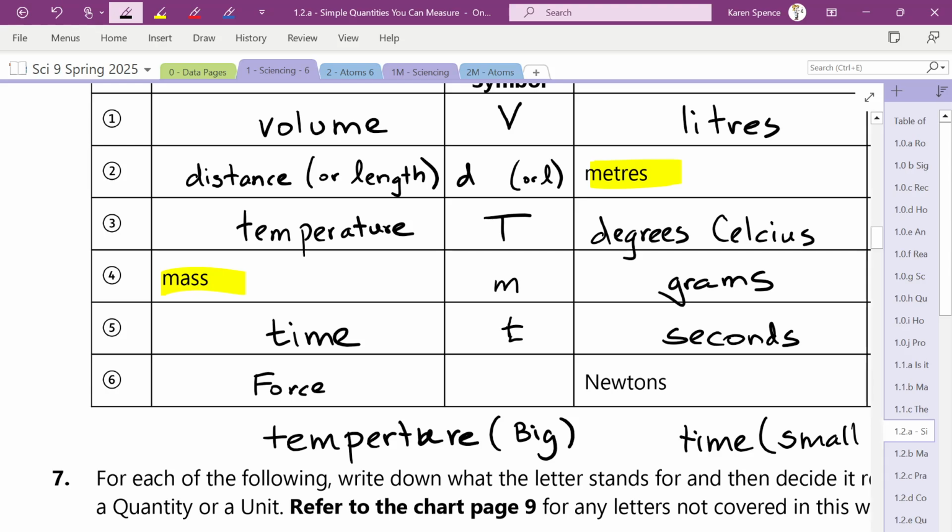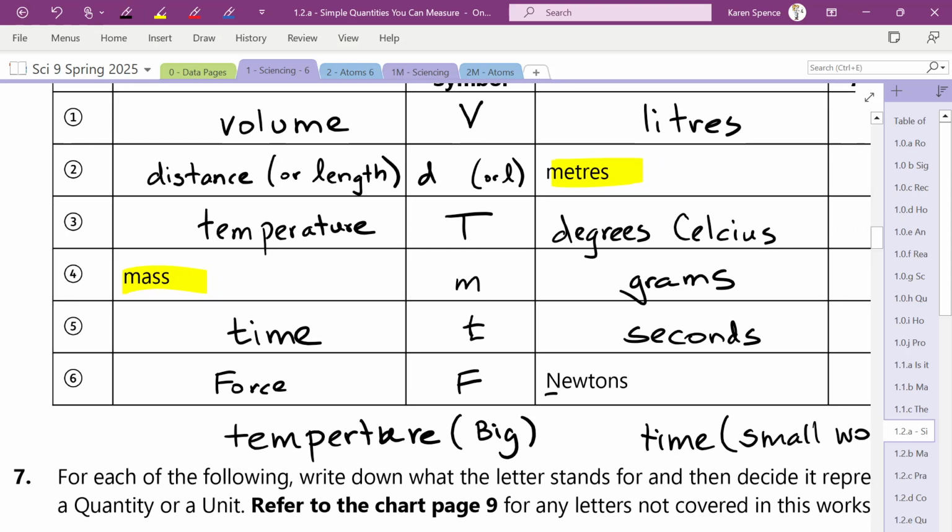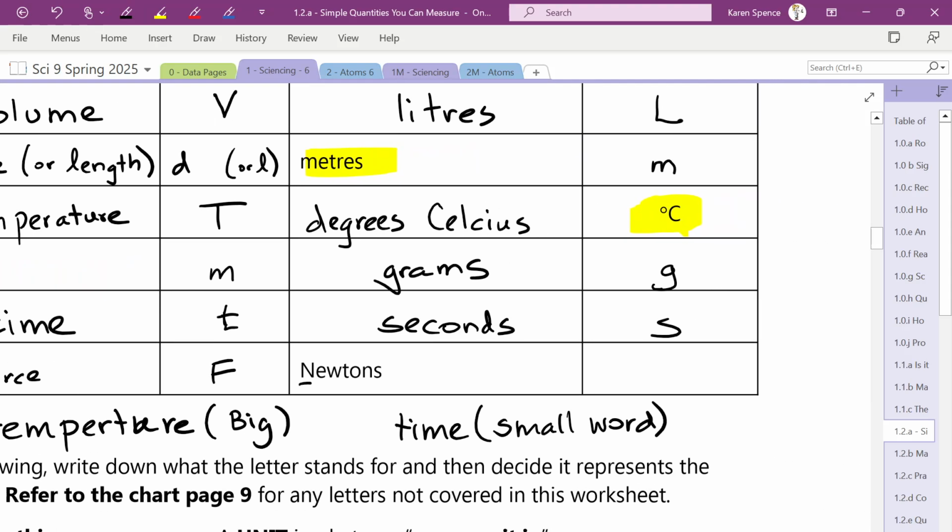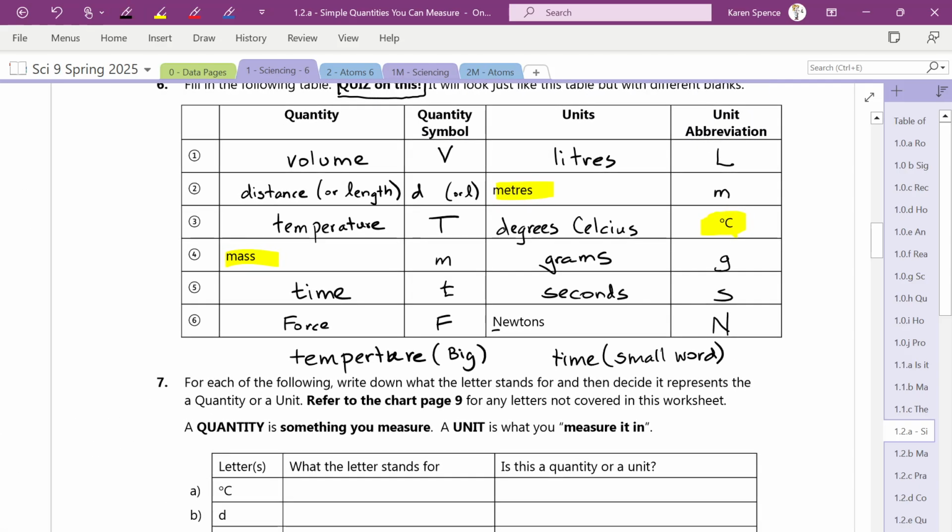Okay, so Newtons are force, Sir Isaac Newton. I think that's just a story, but it's kind of a fun story. And then we have capital F. And what is the symbol for Newton? Is it a capital or a lowercase? Capital, because Newton is somebody's name, just like Celsius is somebody's name. Okay.